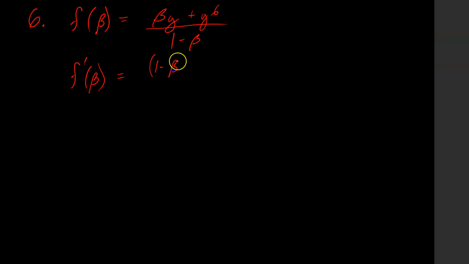And denominator times the derivative of the numerator. So the derivative of beta times y, that's two functions. First function times the derivative of the second function plus the second function times the derivative of the first. The derivative of beta is 1 because beta is the input variable. That's what I meant by treating beta like x.